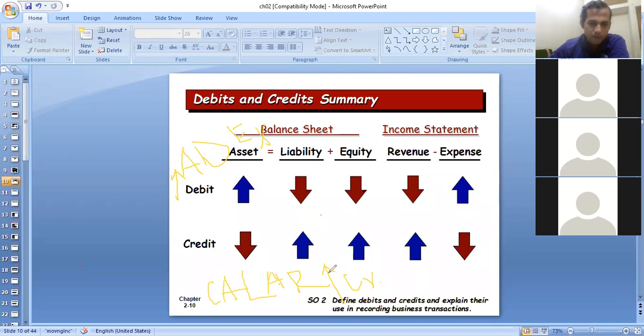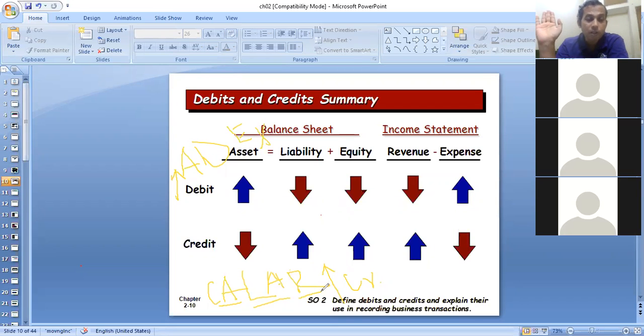Now the question is, CA means capital. If capital increase, remember credit. LA means liabilities. If liabilities increase, credit. What is R? R means revenue. If revenue increase, credit.